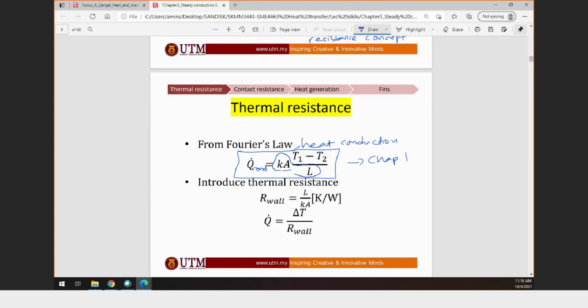So this term, kA over L, times delta T, is basically 1 over R, the resistance due to the conduction.